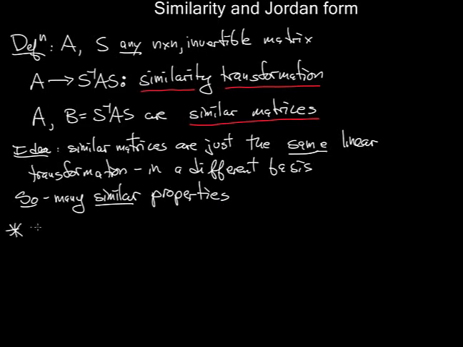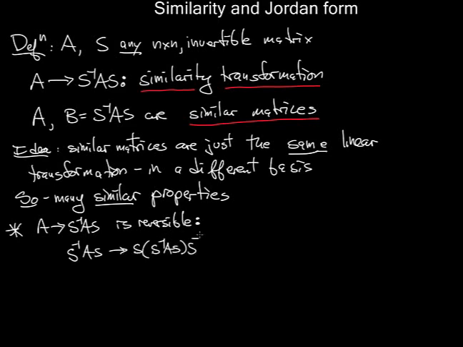So for example, one thing that's obvious, we've seen this several times before, is if you take A to S inverse AS, first of all, this operation is reversible. You can go back from S inverse AS by multiplying on the left by S to get back to A. And another thing is that the determinant doesn't change.